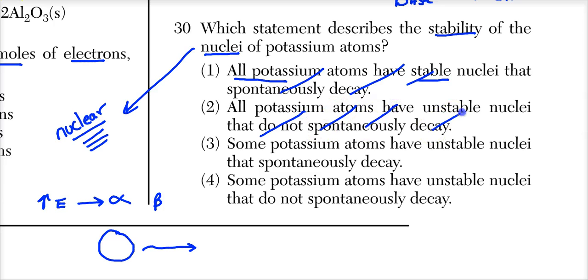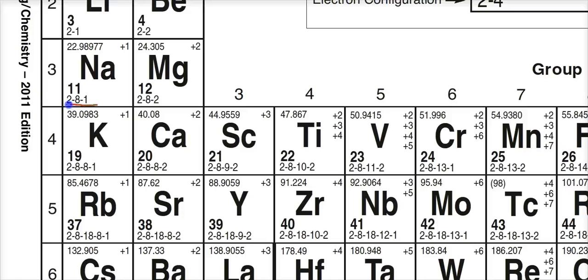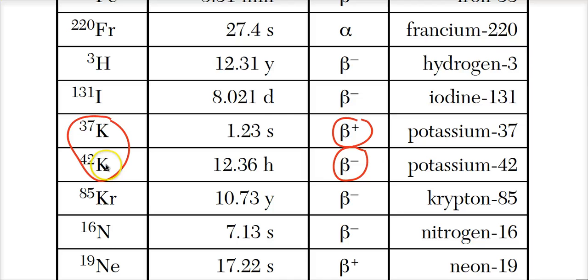No, because I know that the most common isotope of potassium, which we can find in the periodic table, is potassium 39. The highest abundance of potassium is always averaged out in this number with a decimal point. So 39.0983 rounds off to 39, so the most common isotope of potassium is K39, which is not what is listed in table N. Table N has K37 and K42, not 39. So that means that all potassium is not radioactive.